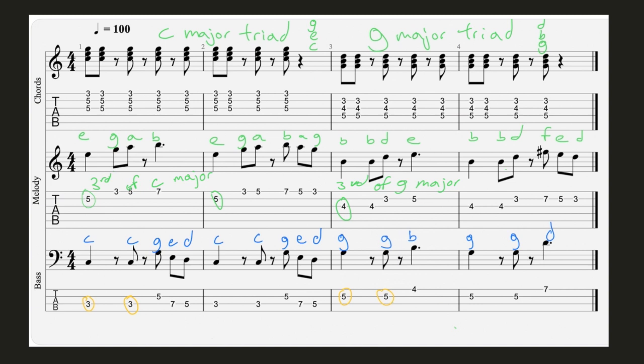Versus the third right there. So what playing the third in that melody does is lets the note stand out, and it doesn't get what I'll call muddled or muddied.